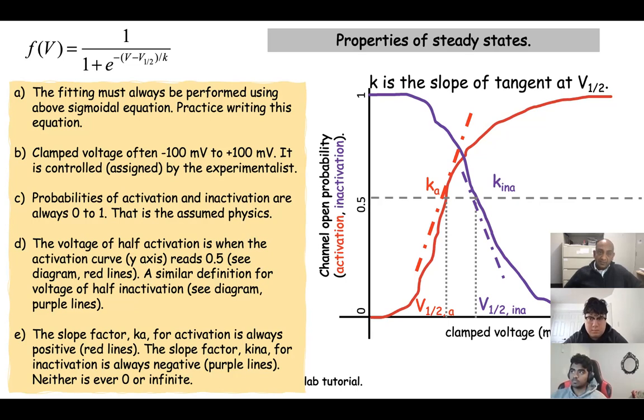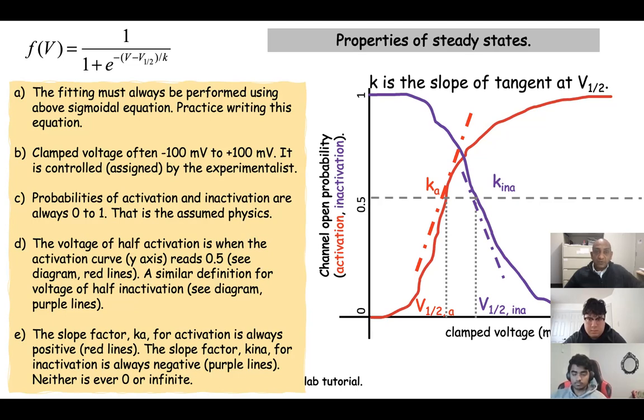The fitting must always be performed using the above sigmoidal equation. The exponential must always be minus (v minus v half) divided by k, and you must always fit all your activation and inactivation steady states to this sigmoidal equation.